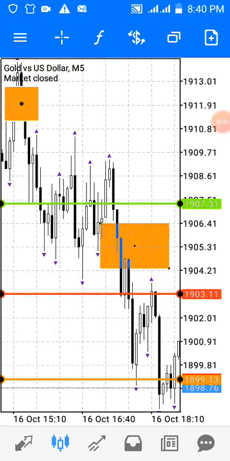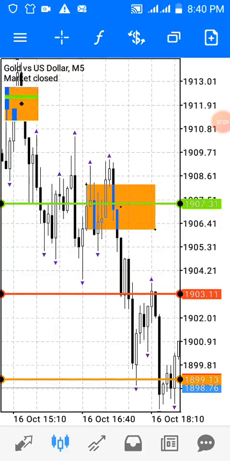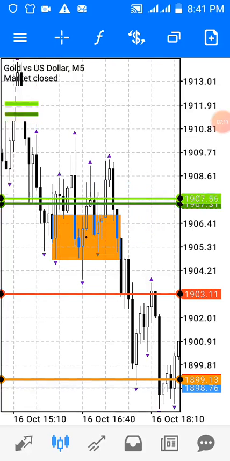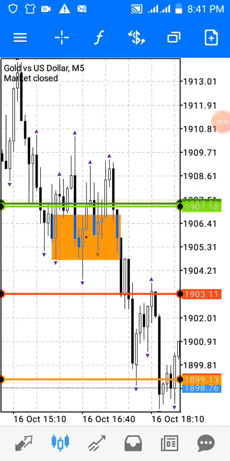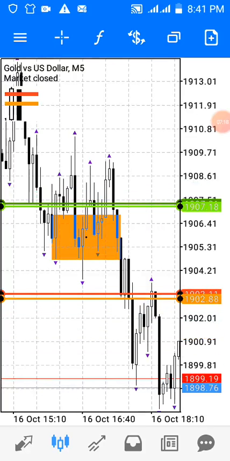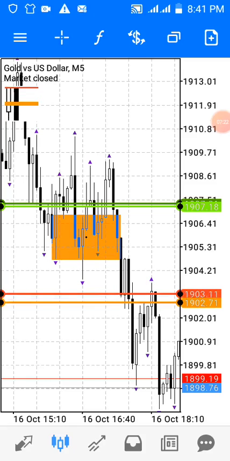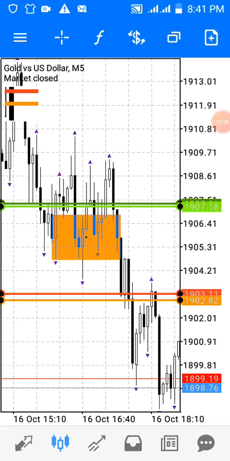But if price goes up again back to the initial order and picks this second edge trade, which is 0.08, remember, then we now introduce the last edge trade. So we're going to have 3 edge trades, a maximum of 3. So this is the last and final edge trade, which will be 0.24.